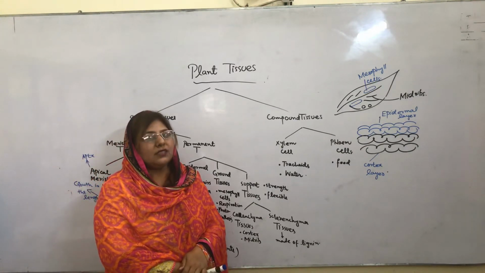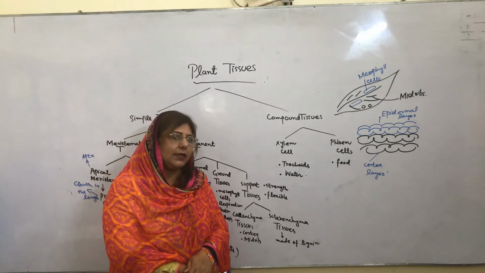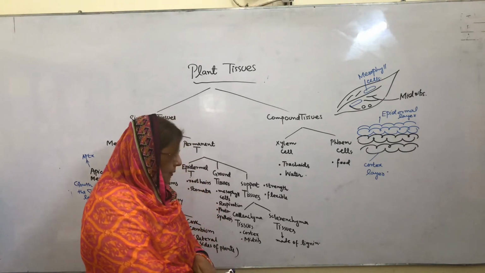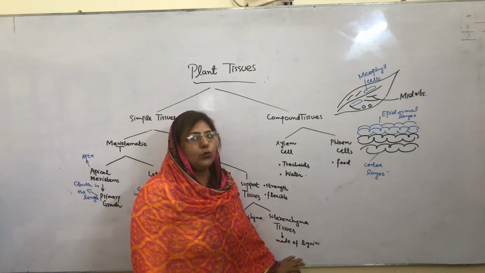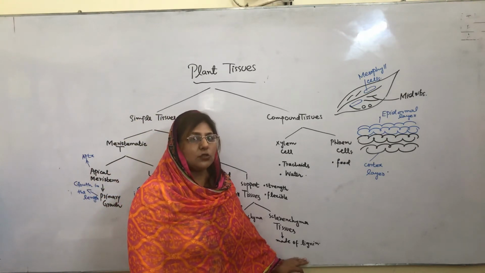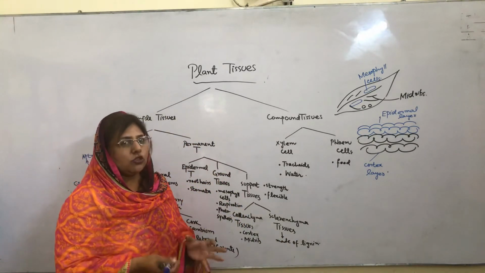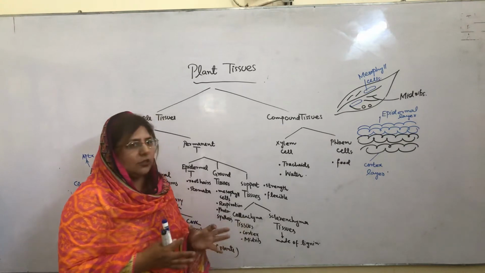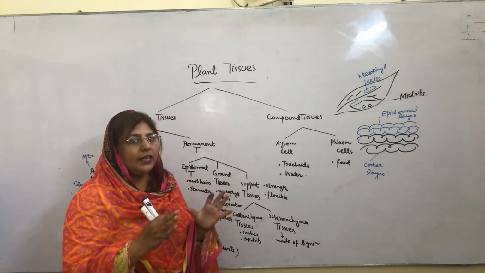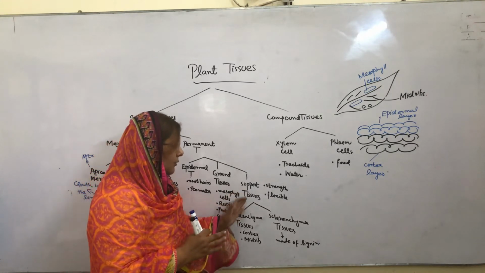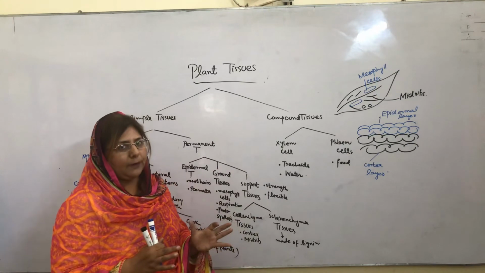The woody stems are made by a special chemical which is called lignin, which makes the wood hard. So the function of sclerenchyma tissue is that it makes the wood hard. It is part of support tissue, so because of that, it gives strength to the plant.